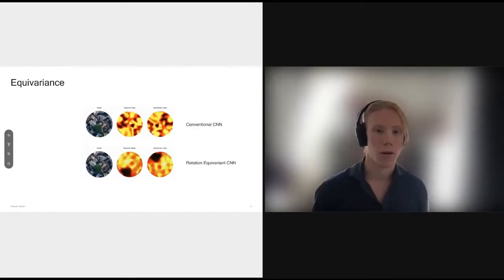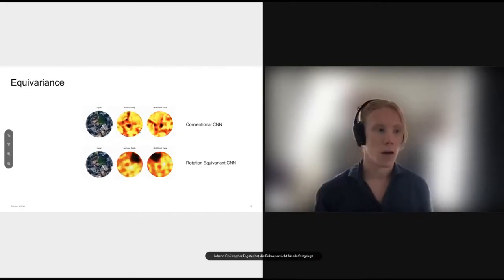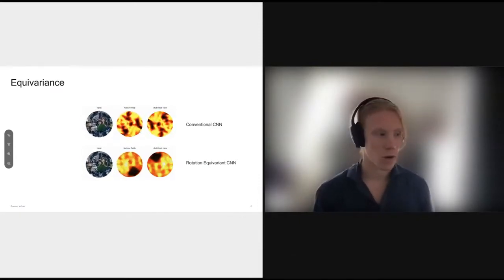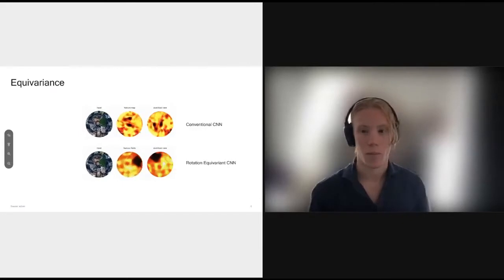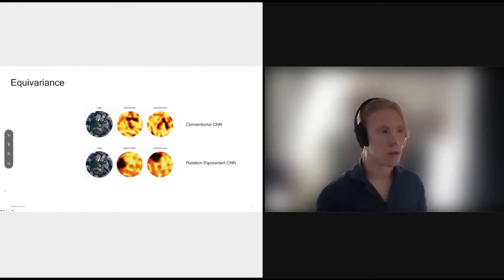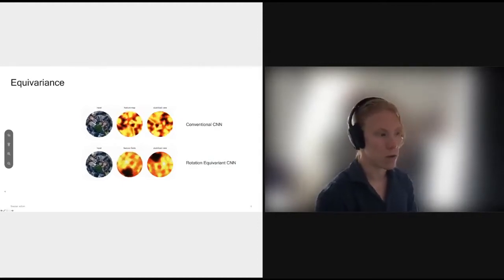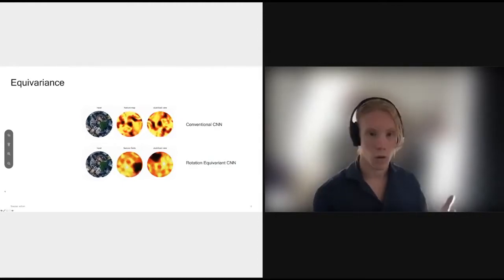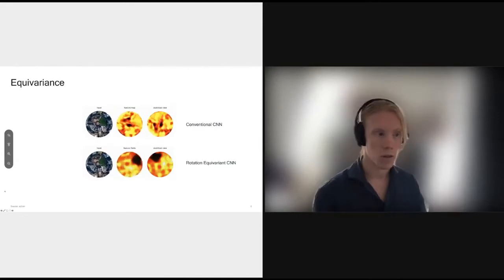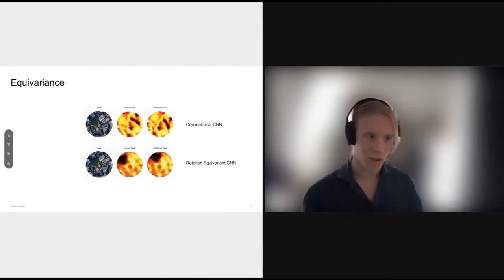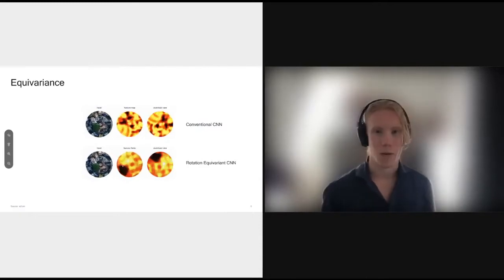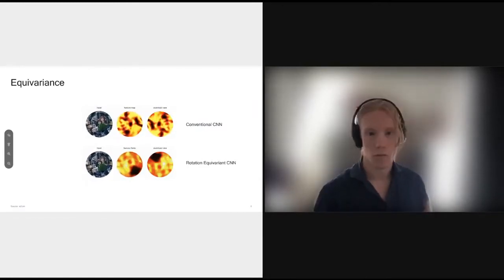Fortunately, the literature on equivariant neural networks, and in particular rotation equivariant neural networks, is quite rich, and now we know how to build rotation equivariant convolutional networks. And by doing so, we are able to obtain exactly the desirable property we want. So if we feed rotated versions of the same image, we produce a rotated version of the same output. This is, again, quite a desirable property when working with tissues, for example, scans of tissues.